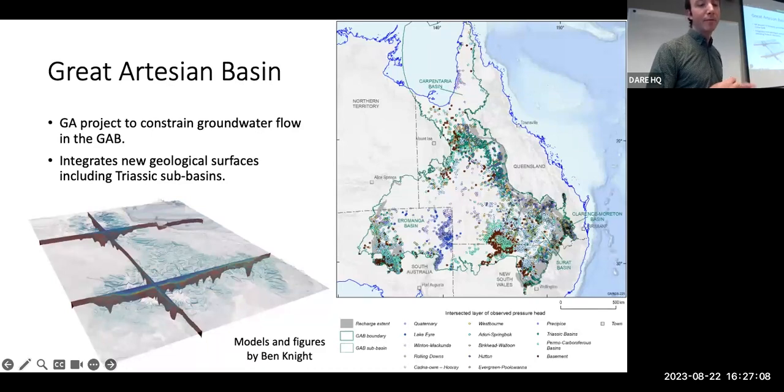And yeah, we've got a postdoc working on this called Ben Knight, and he's very busy wrapping all of this together. But essentially, where we have residence times of 200,000 years within the Sydney Gunnedah Bowen Basin, we're actually seeing residence times of 1 to 2 million years within the Great Artesian Basin. So it's a much deeper basin, and it's pretty flat. So there's not a lot of topography driving these flow rates.